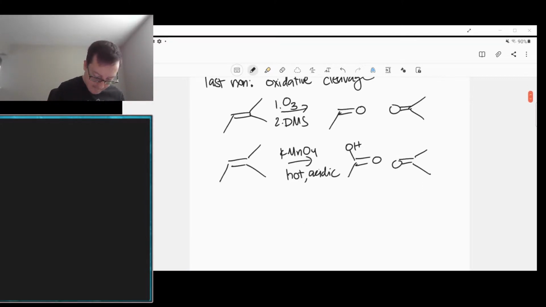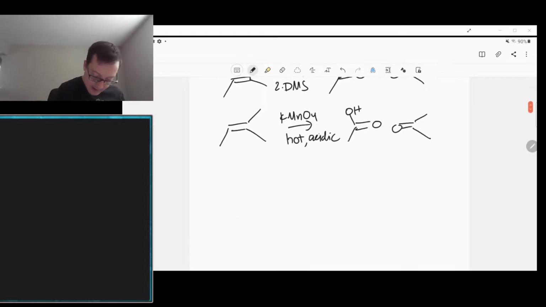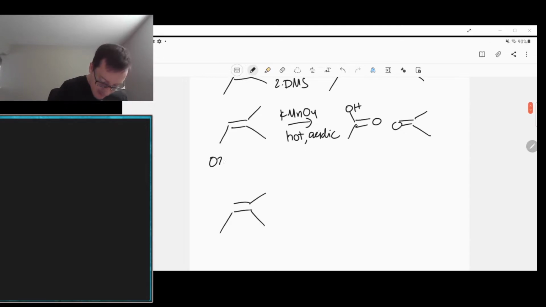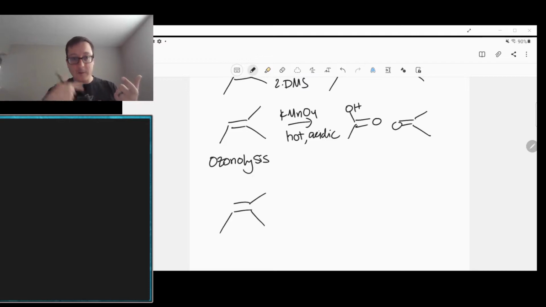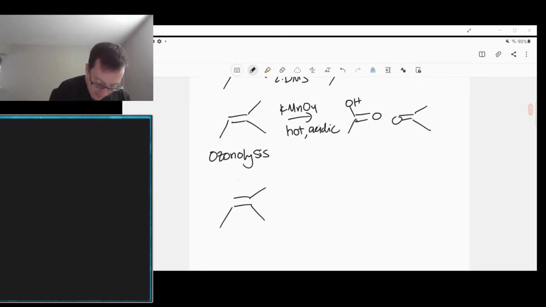So here we go. With an alkene, this is ozonolysis, ozone breaking, lysis breaking, ozono for ozone, of course. So we're using ozone to break our molecule apart. And if we remember ozone's Lewis structure, let me move this down just a little bit.